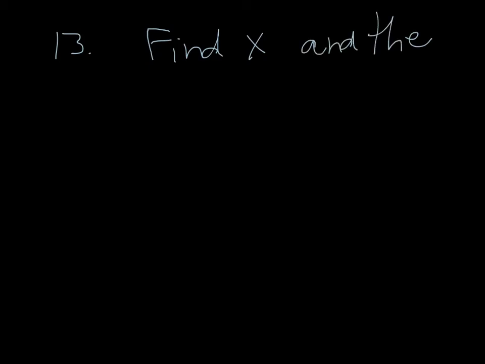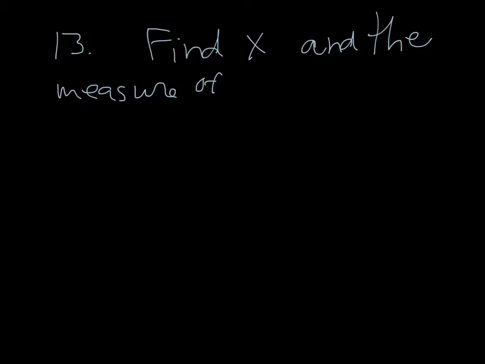So number 11 and 12 on your homework you should be able to do no problem, but when you get to number 13 it says the words refer to exercise 11, and then it says find, and then there's a blank. So what it should say is find x. So pencil this in or pen it in. Find x and the measure of, and then there's a blank there.